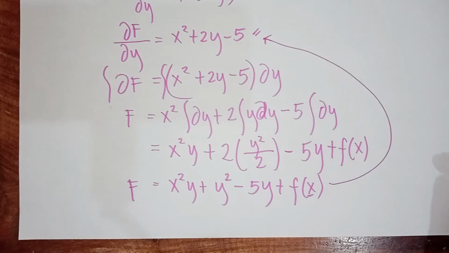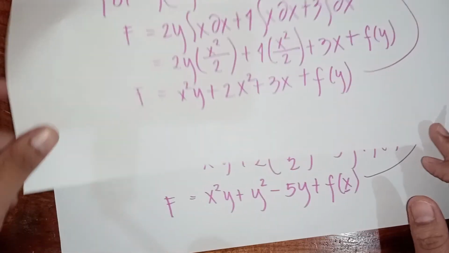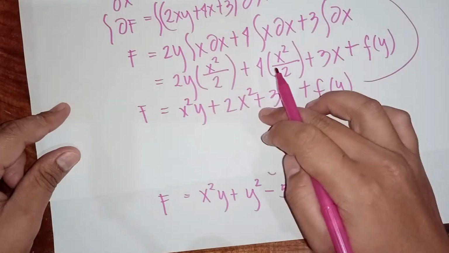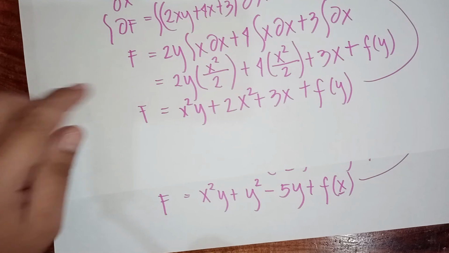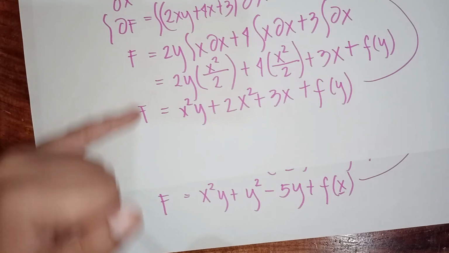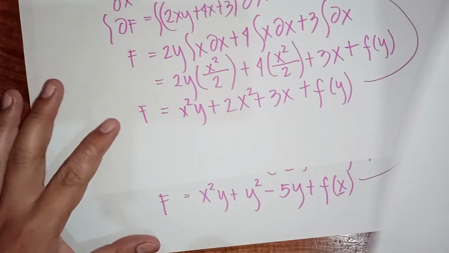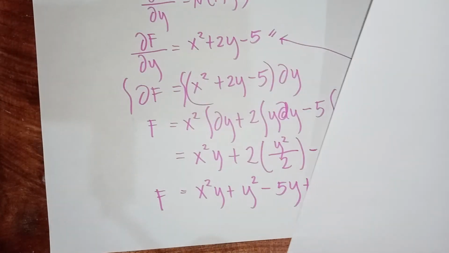Okay? Now, so we have here two values of f. Ito at saka ito. So, yung gagawin natin, since f ito at saka f ito, pwede natin silang ma-equate. Okay? So, equate lang natin yung dalawang f.